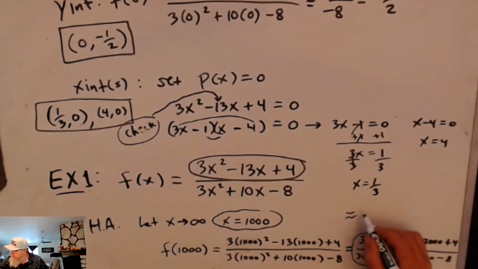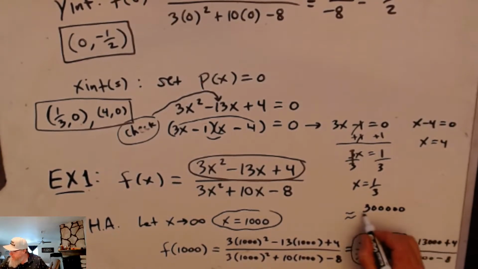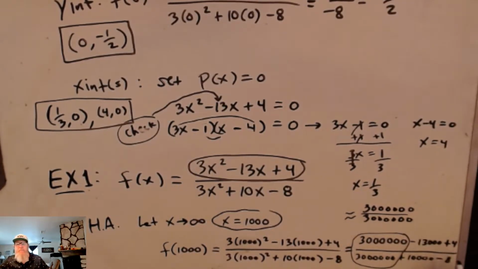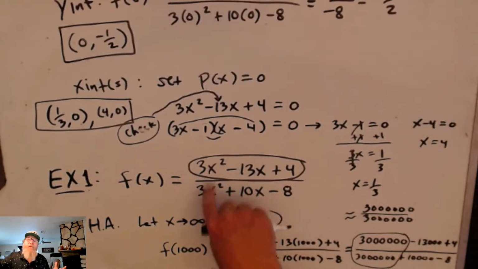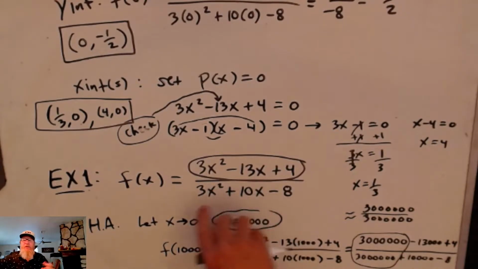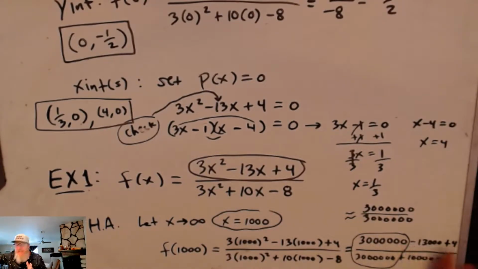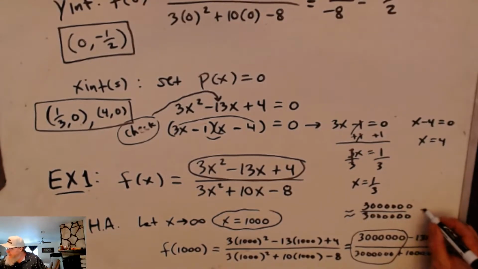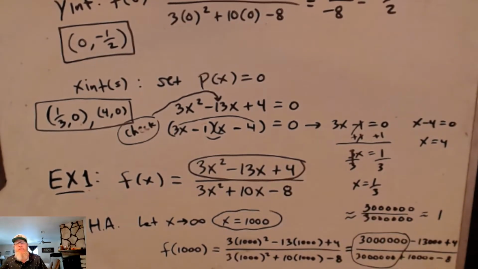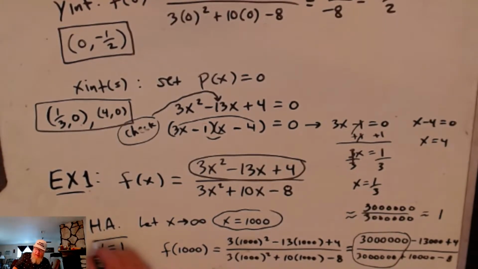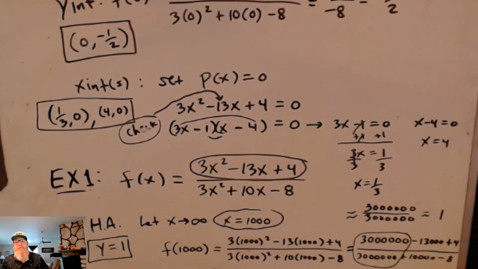So the leading term is still 3 million divided by 3 million. Its tendency is to dominate the value with the leading term. The leading term is one of the reasons why we call it the leader. So it just basically makes these smaller numbers insignificant, and this is approximately 1. 3 million divided by 3 million. So the horizontal asymptote is y equals 1.